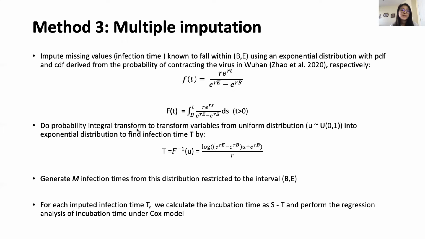We do the probability integral transform to transform the variable from uniform distribution into exponential distribution to find infection time t by this formula, and then generate m infection times from the distribution restricted to the interval B and E. For each imputed infection time t, we calculate the incubation time as s minus t and perform the regression analysis of incubation time under the Cox model.